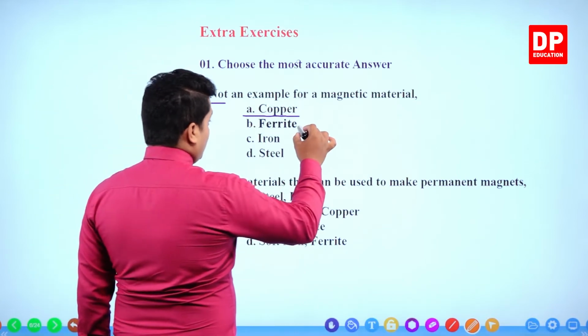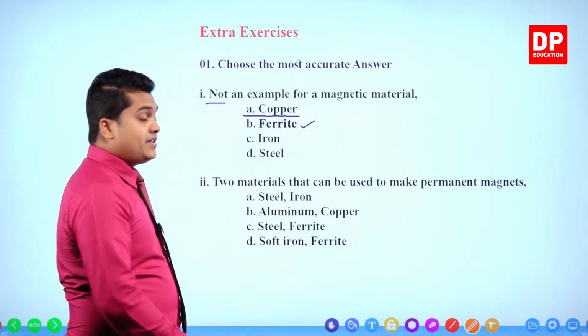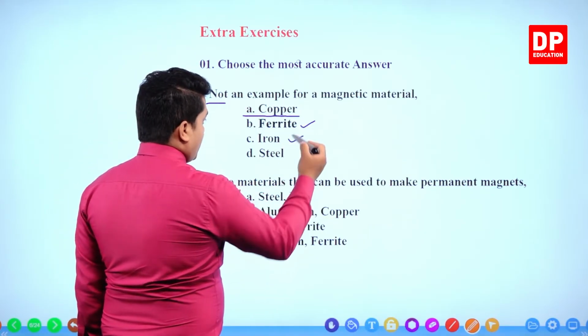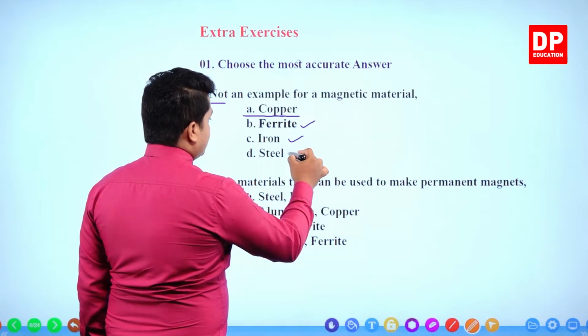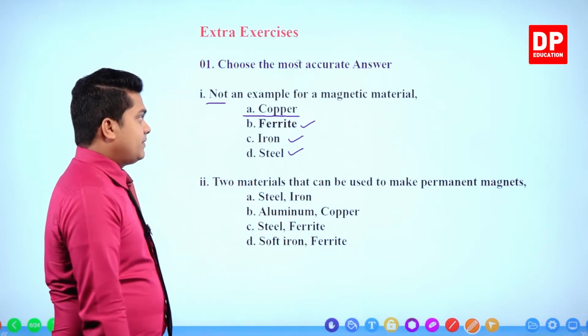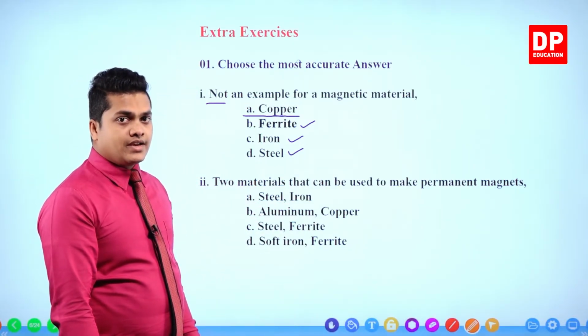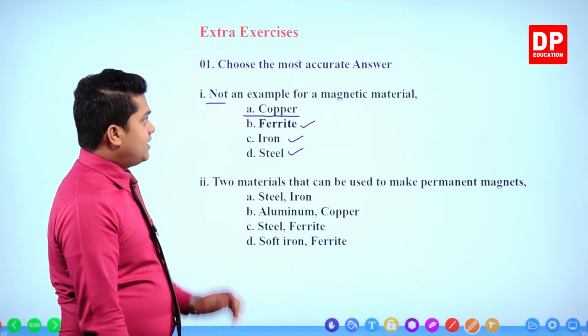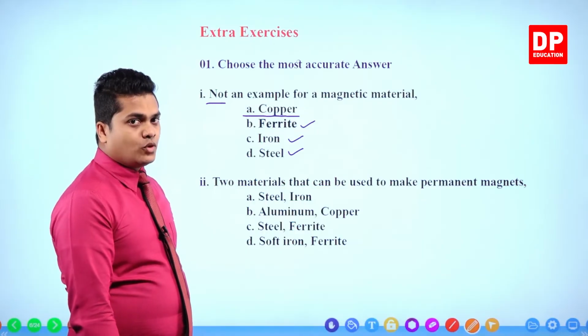Even ferrite, we use to create permanent magnets. Iron is also a magnetic material. Then steel is also a magnetic material. All of these materials are attracted towards a magnet. So copper is not an example for a magnetic material. Copper is the answer.